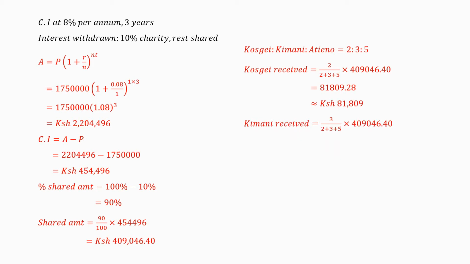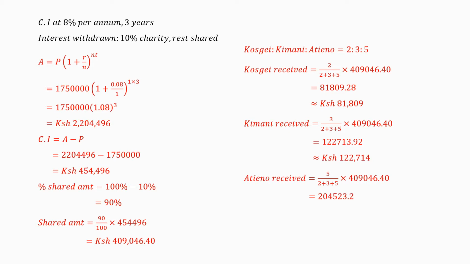Then for Kimani, it's 3 over 2 plus 3 plus 5 times the shared amount, which is equal to 122,713 and 92 cents, and it's approximately 122,714 shillings.